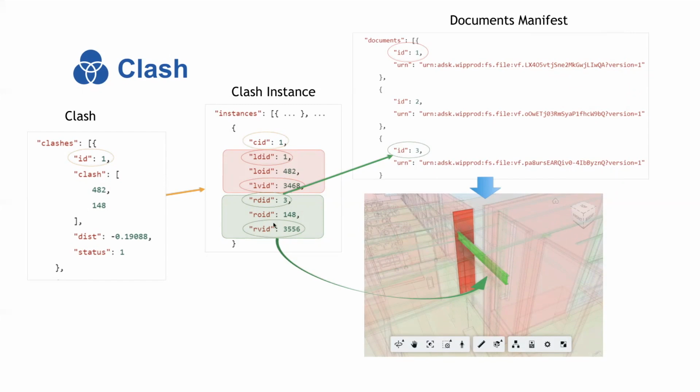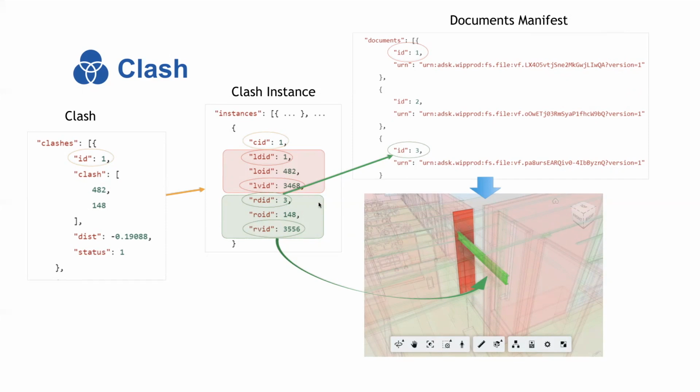These two things correspond to the 4G viewer DBID. So L and R mean the left document and the right document. V means view, and ID is ID.